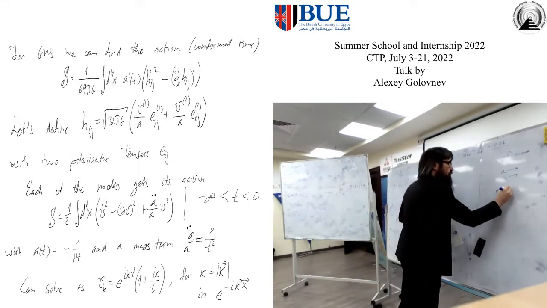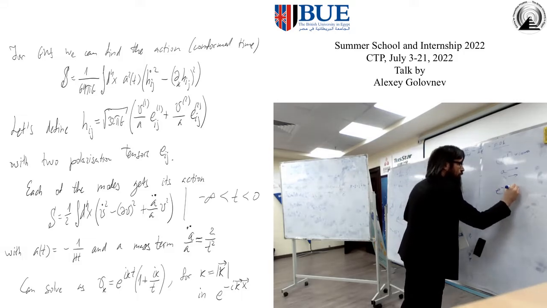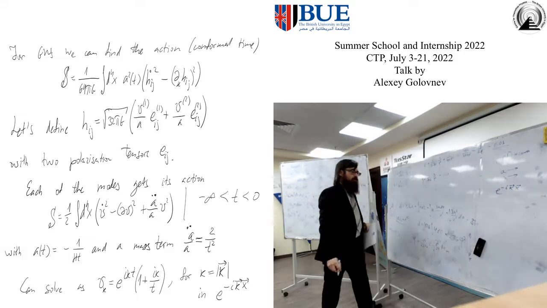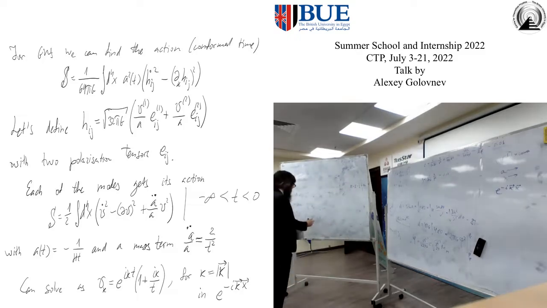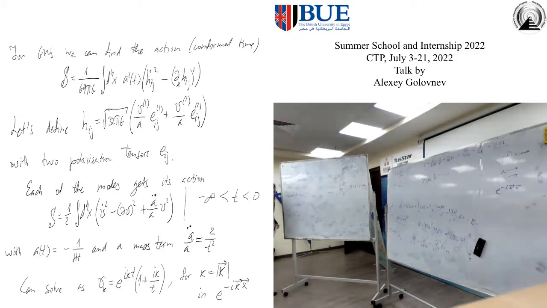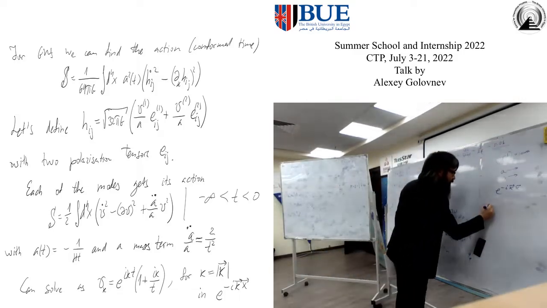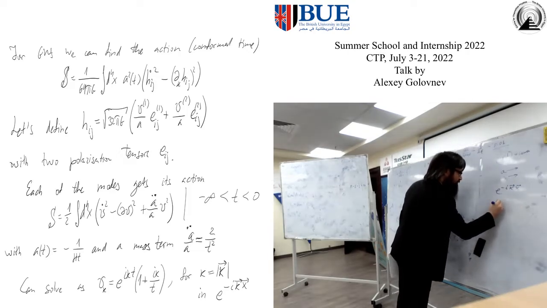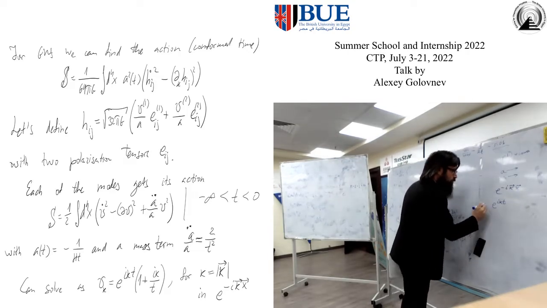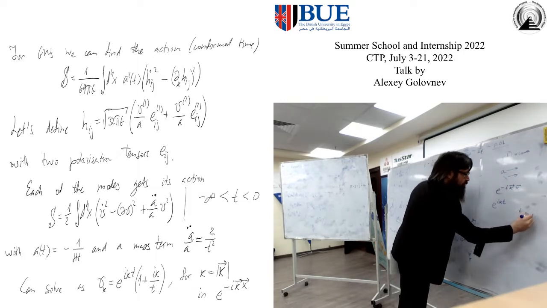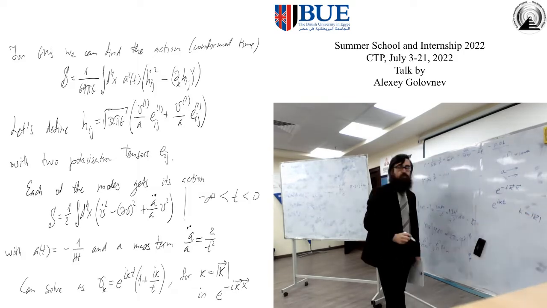I want to study the behavior of the plane waves. I have this mass term. This mass term looks like 2 over t squared. So in the far past, the mass was 0. Yes, indeed, the gravitational wave did not feel the universe expansion. So basically, what you want is that in the far past, you have the time mode going like this, with k just the modulus of spatial k.